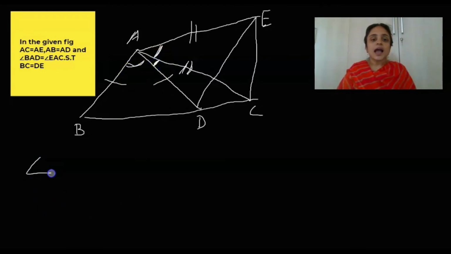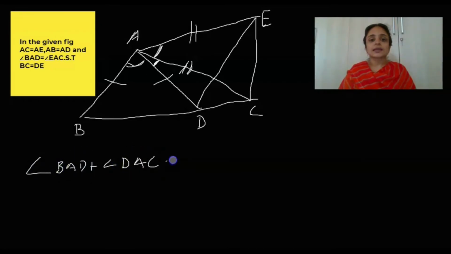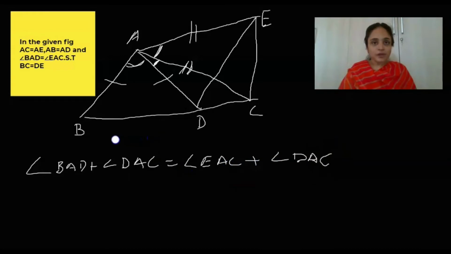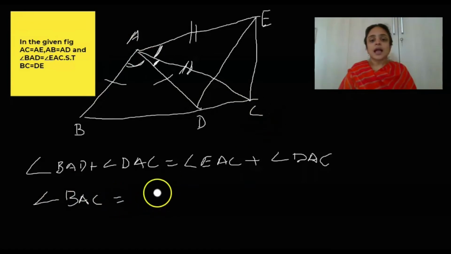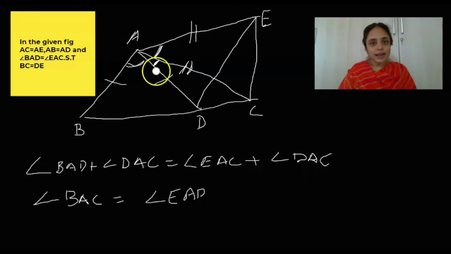So angle BAD plus angle DAC is equal to angle EAC plus angle DAC. And from that we get that angle BAC is equal to angle EAD. So we got one angle of both the triangles to be equal.